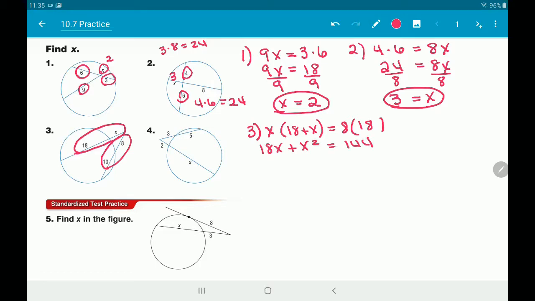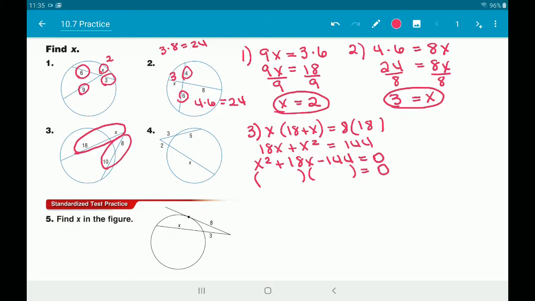To solve this one, we're going to need to put everything together on one side. X squared plus 18x minus 144 equals 0. We could use the quadratic formula. You're familiar with that. Or, in this case, it'd probably be easier just to factor it. We need 2 factors that multiplied together give us negative 144, but if they're added together, they give us positive 18.